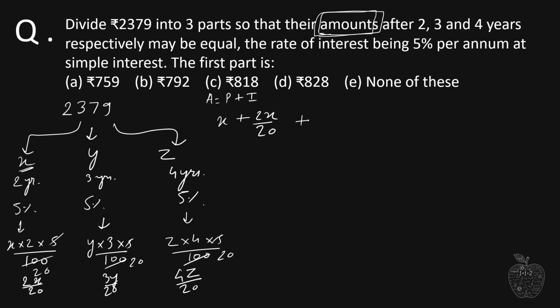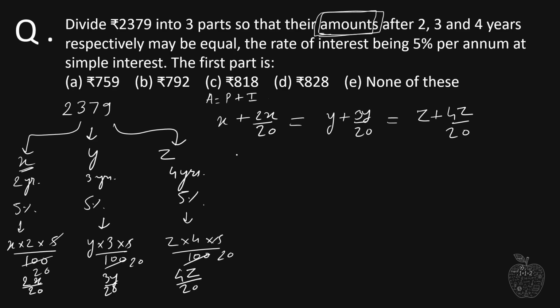Now the amount for Y will be Y plus interest, which is 3y over 20, and for Z it will be Z plus the interest, which is 4z over 20. And the question is telling us the amounts after 2, 3, 4 years may be equal. So now these are amounts and these are equal.